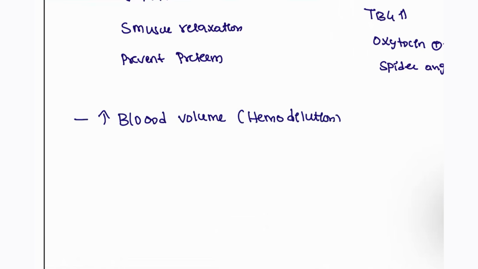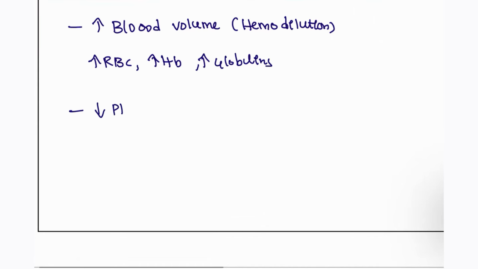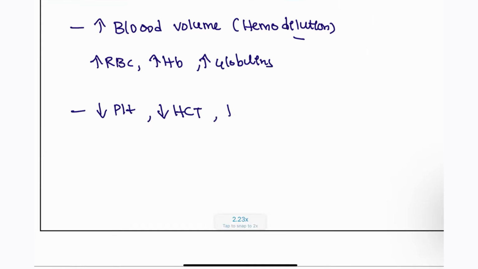This period has hemodilution, increased RBC, increased hemoglobin content, increased globulins. What about the decreases? Basically, decreased platelets, which is a benign condition. Decreased hematocrit, which is due to hemodilution, and decreased factor 8 and factor 11.